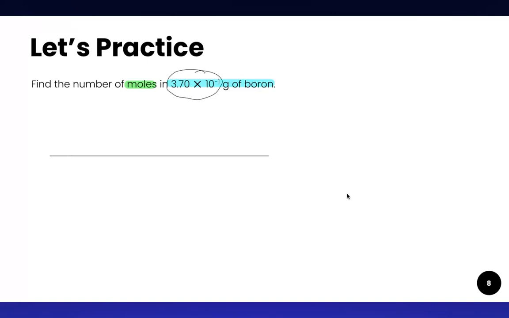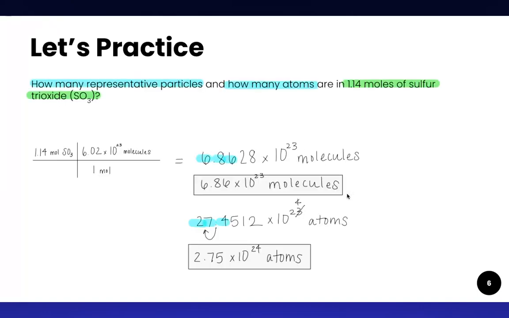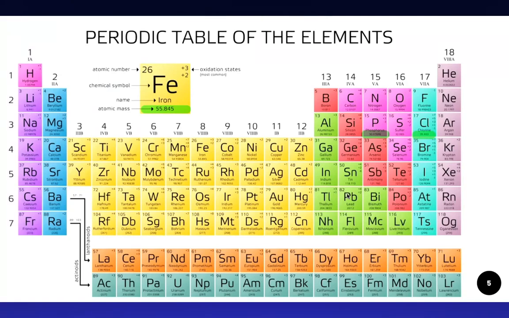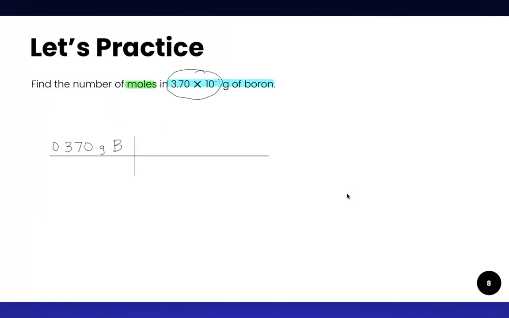So there are actually 0.370 grams of boron. And then in order to figure out how many grams are in 1 mole of boron, I need to go look up the molar mass on the periodic table. There are 10.8 grams in 1 mole of boron.